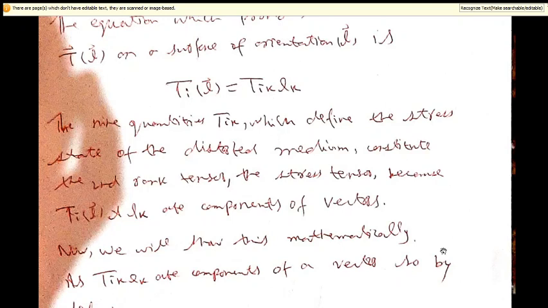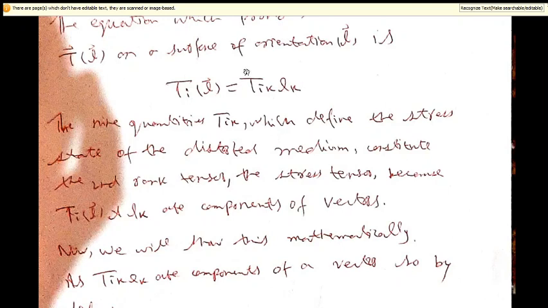We will show how these quantities make a second order tensor with the help of this given equation. In this equation, we have the information that these are the components of a first order tensor. This is also a component of a first order tensor.